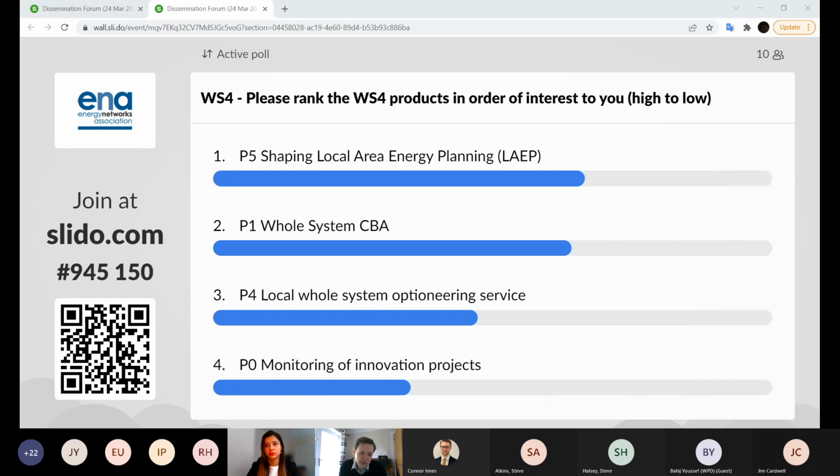Okay, it's looking quite tight between the local area energy planning and the whole system CBA, which reflects those dual drivers we've got within the workstream.